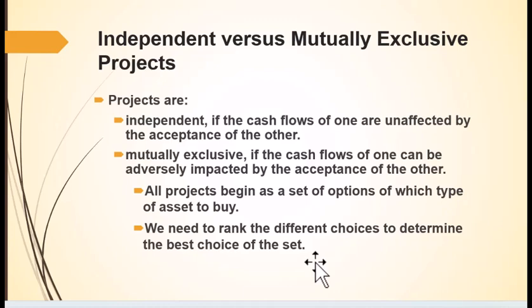So mutually exclusive, by definition, is if you accept one project, the other projects are eliminated. So when you're going out to buy a car, for instance, even as a consumer, you're not going to look at just one car. You may look at 3 or 4 cars. Then of those 3 or 4, you need to figure out the best of those 4. Well, if you only need one car, the other 3 are eliminated.